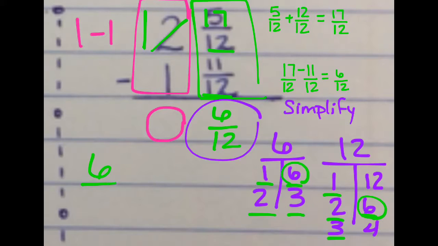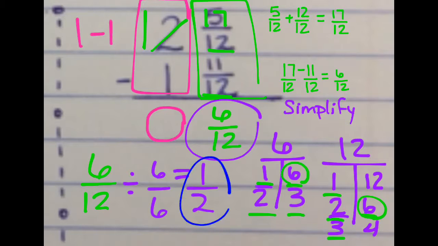So now we could take 6/12. Our common factor is 6. We can divide the numerator: 6 divided by 6 gives us 1. 12 divided by 6 gives us 2. So we can simplify 6/12 into 1/2 for our final answer.